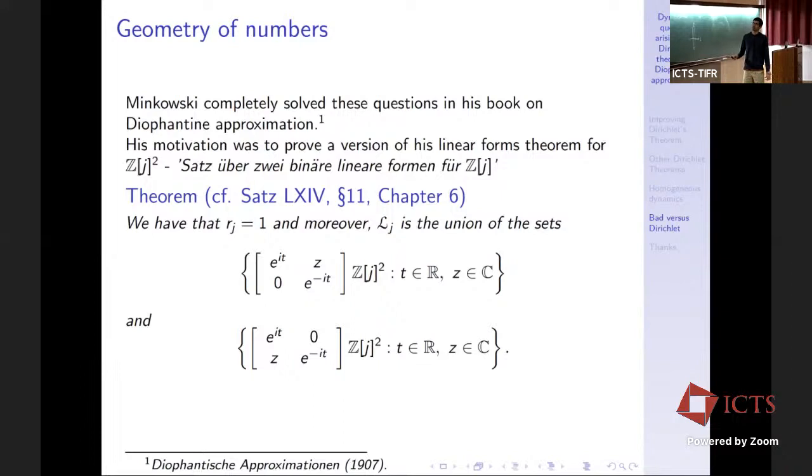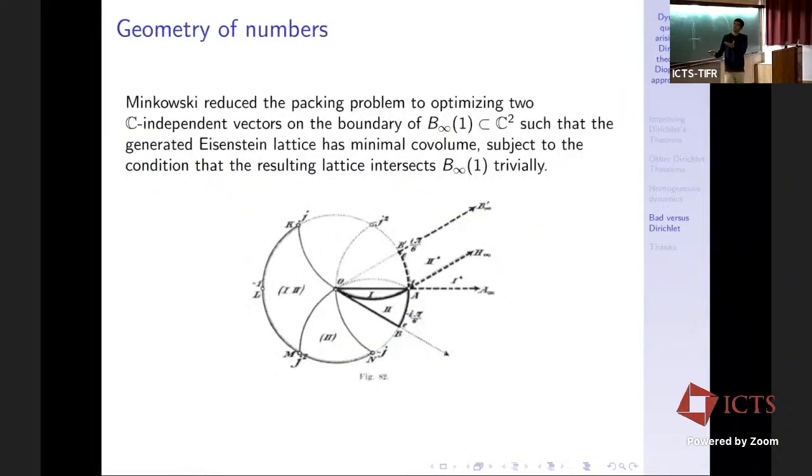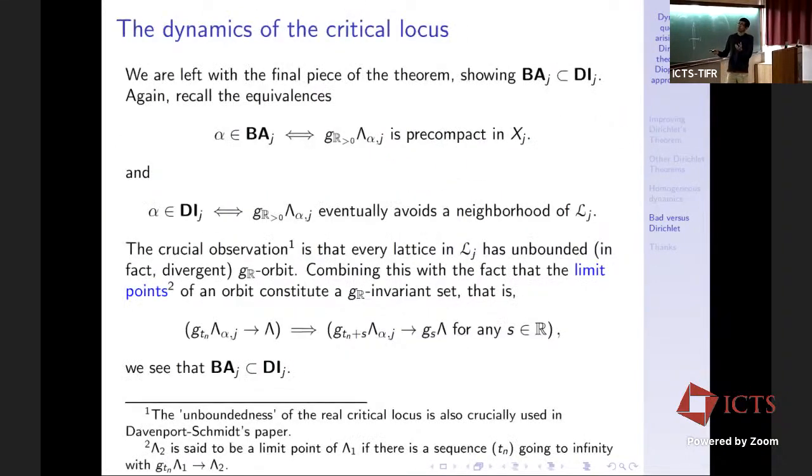And every lattice here has a vector on the y-axis, so I guess it's forward divergent. So that's essentially what Davenport and Schmidt were implicitly using, except that they didn't have the Dani correspondence. So we can rewrite their argument in one line.